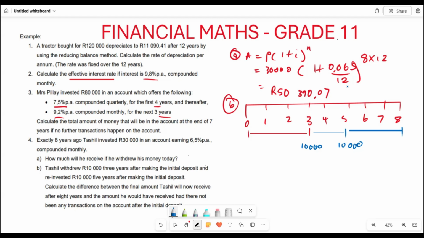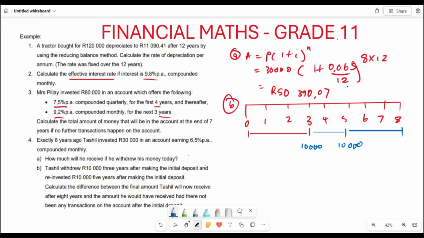So firstly, we want to find out this particular amount of money. From here, there was a 10,000 withdrawal, and then the 10,000 that was taken back again. And then what is the amount that you are going to have?